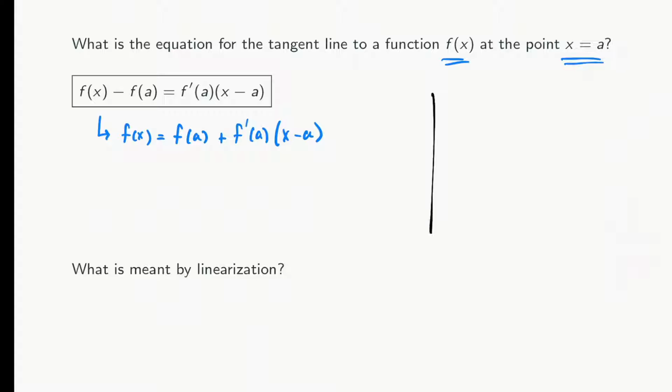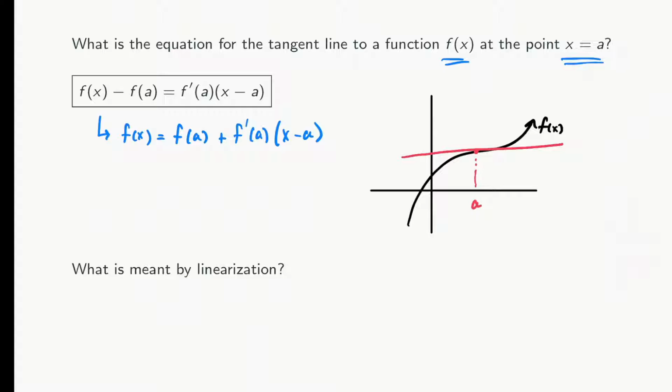So let me give us a little visual here. I'm a visual guy. If I've got some random function f of x, I've got some point that I'm interested in, x equals a. Let's say the tangent line is doing something like this.